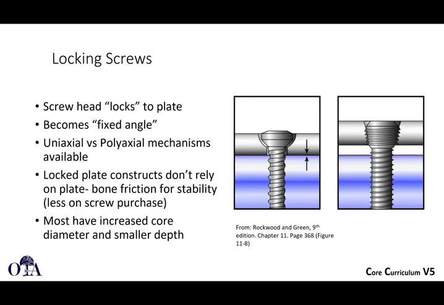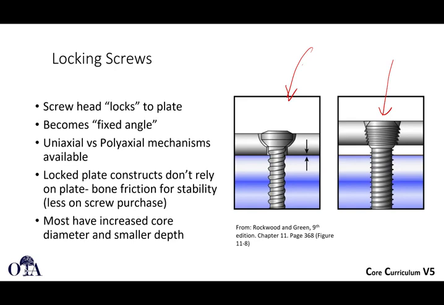What about locked screws? With a standard screw, as shown here, you can see the screw head just centers itself inside the hole. It recesses nicely there, but it doesn't lock. If you look at the locked screw over here, you can see this screw has threads, and the threads mate to the threads in the screw hole in this particular plate design.